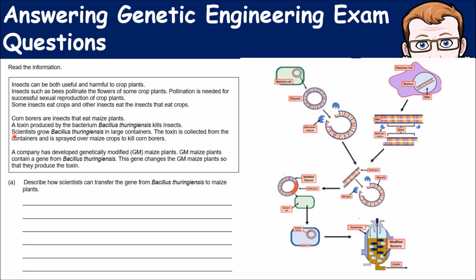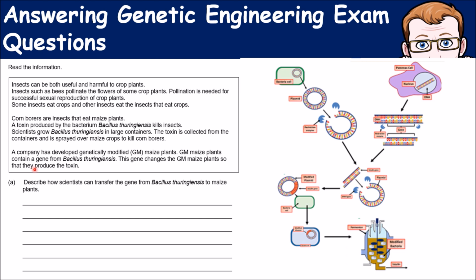That moves on to a toxin produced by the bacterium Bacillus thuringiensis that kills insects. Scientists grow this bacteria in large containers. The toxin is collected from the containers and sprayed over the maize crop to kill the corn borers. That automatically gives you a clue that it's going to be something to do with removing the gene for this toxin and putting it into the maize.